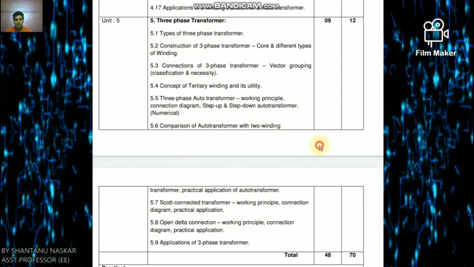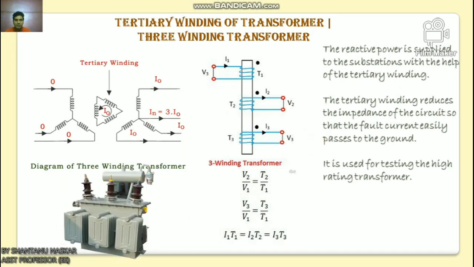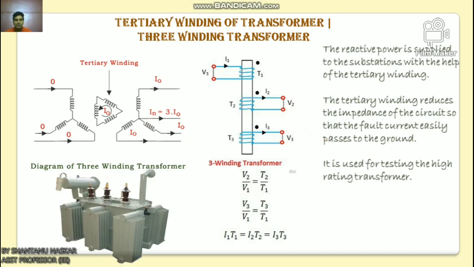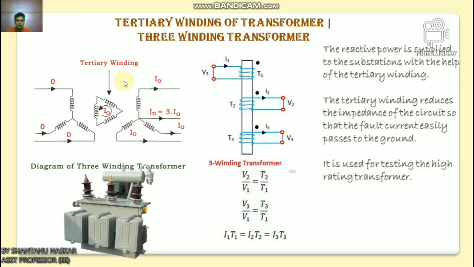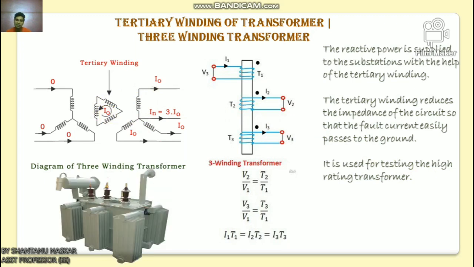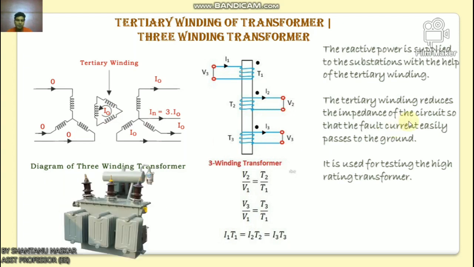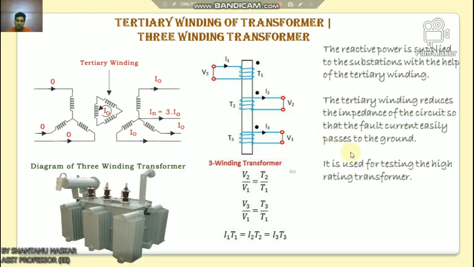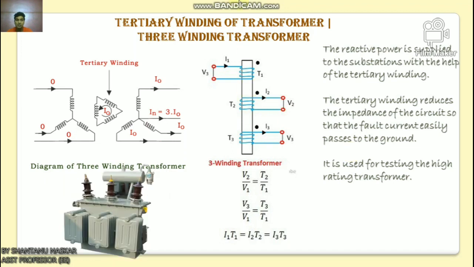So what is the tertiary winding of a transformer, or three-winding transformer? In some high rating transformers, one winding is used in addition to the primary and secondary winding. This additional winding apart from the primary and secondary winding is known as the tertiary winding. Because of this third winding, the transformer is also called a three-winding transformer.